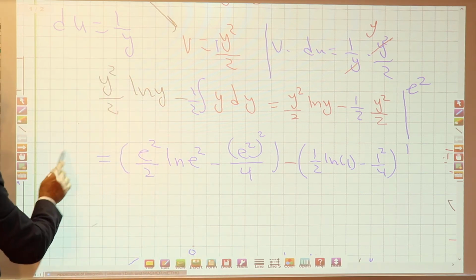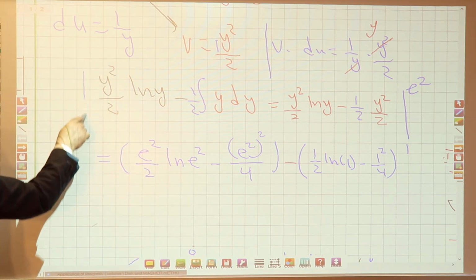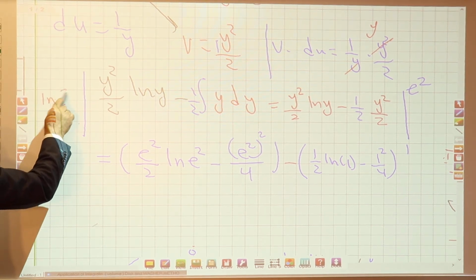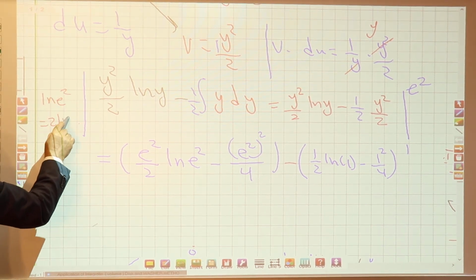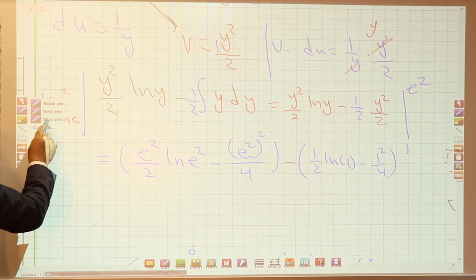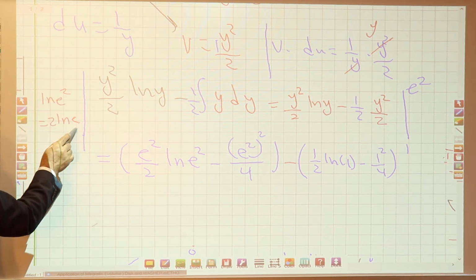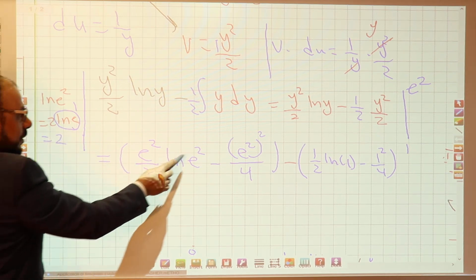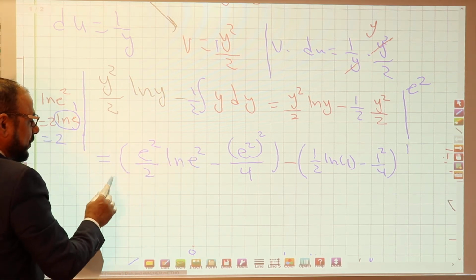Note that ln e squared equals 2 ln e, and ln e equals 1, so ln e squared equals 2.